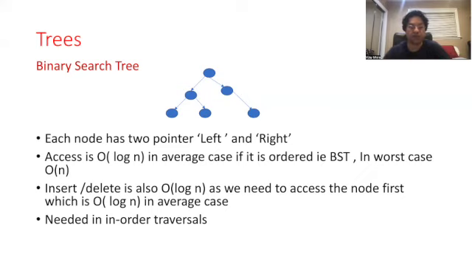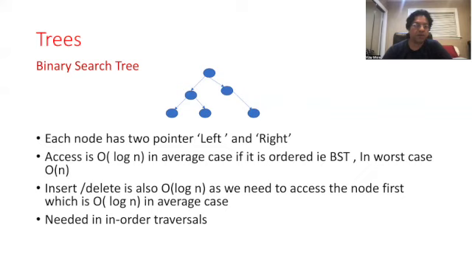So that's why insert and delete operations are also log n. Access, insert, and delete, all three operations are order of log n if it is an ordered tree and a balanced tree. Balanced in the sense that it is not totally skewed, where it becomes a linked list.